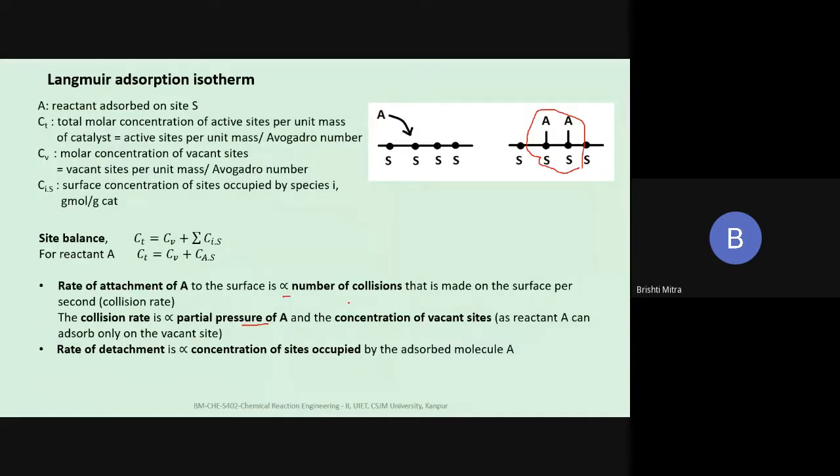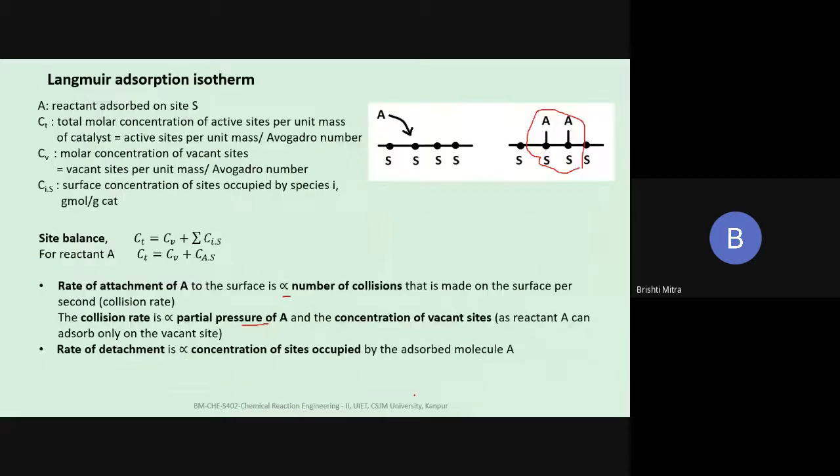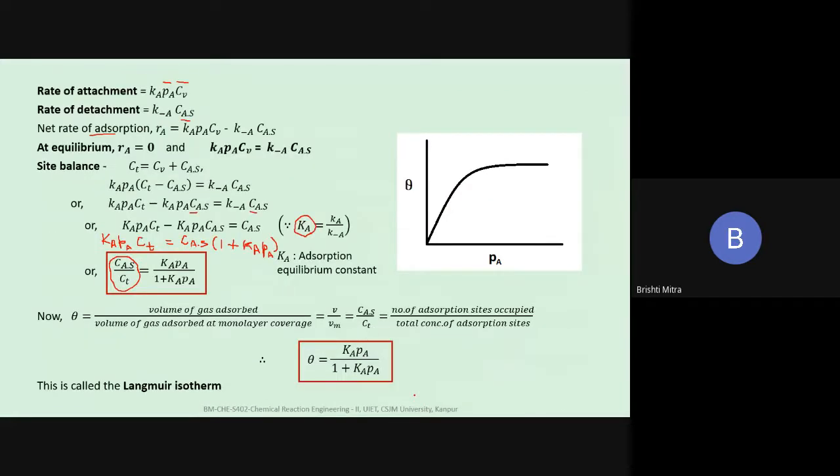And if you remember, I had told you that this theta term is known as surface coverage, that is, how much of the surface is covered. So again we are talking about how much of the surface is covered, that is my theta term.